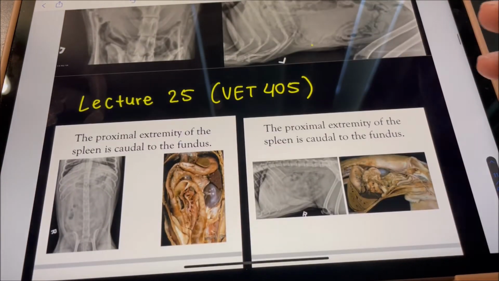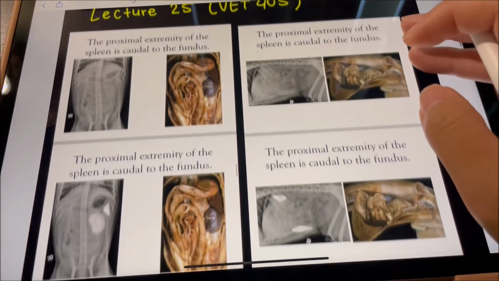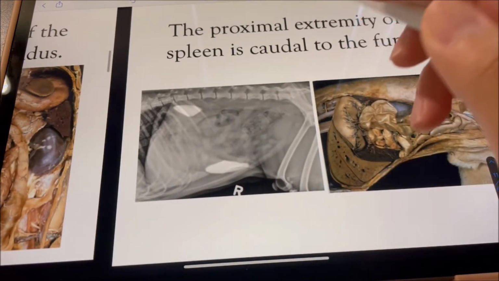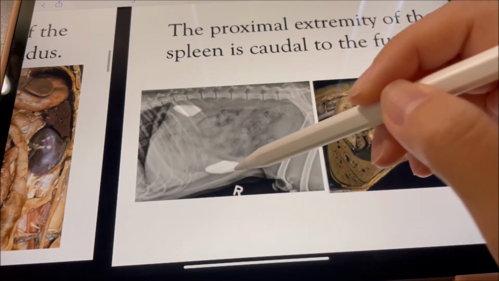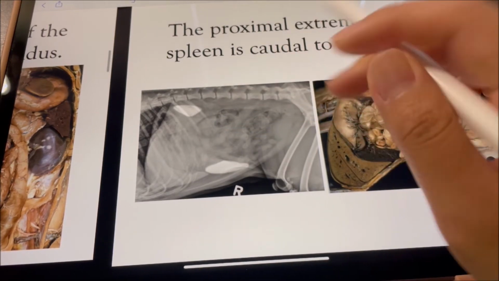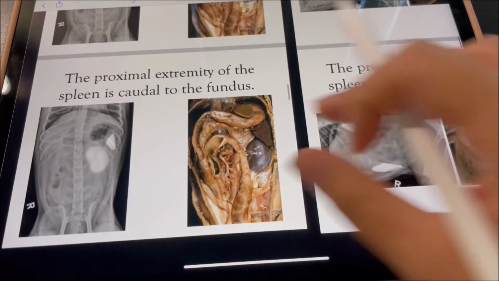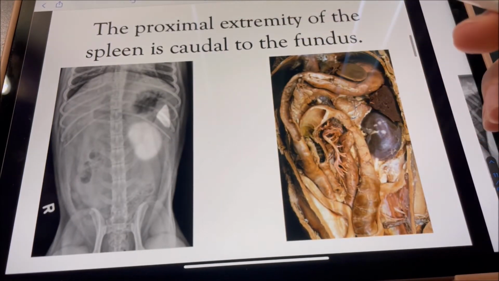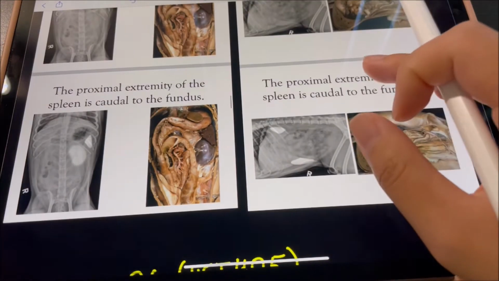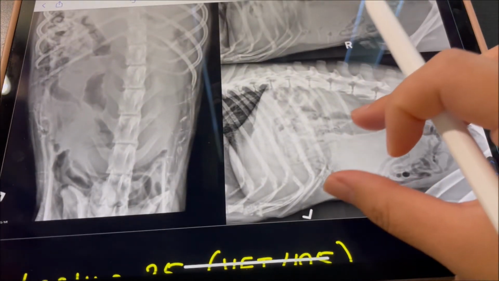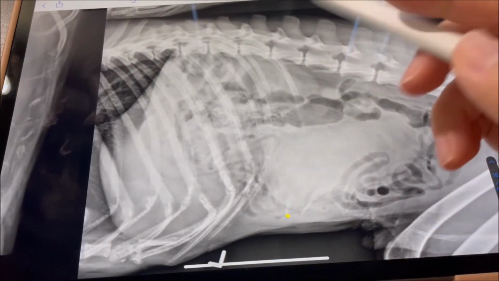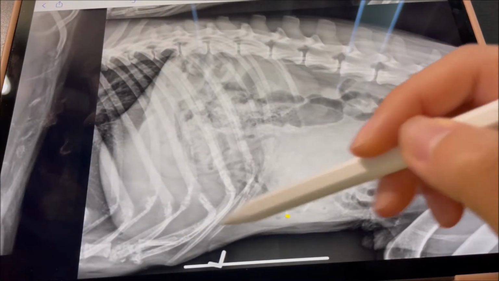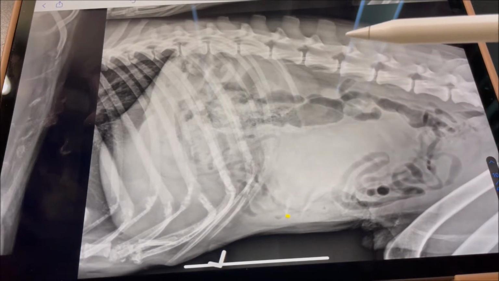Now remember, in GI block, we learned that the spleen is located in the lateral view near the liver and the stomach. And on the DV view, it's located near the left kidney. But here, in this patient, it's really hard to identify the spleen.